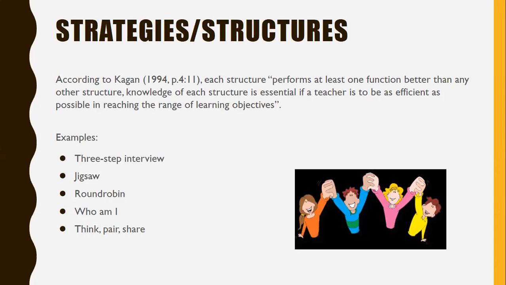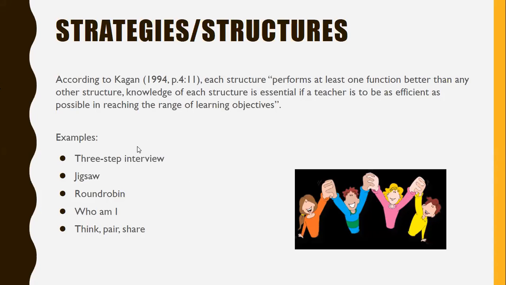Knowledge of each structure is essential if a teacher is to be as efficient as possible in reaching the range of learning objectives. So, as I told you, you have to choose the structure according to the functions they have and according to what you want to develop in your students. Here you have some examples of different structures.